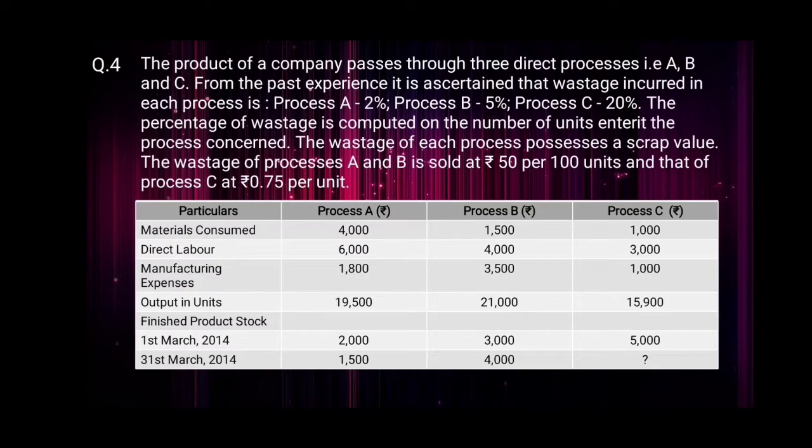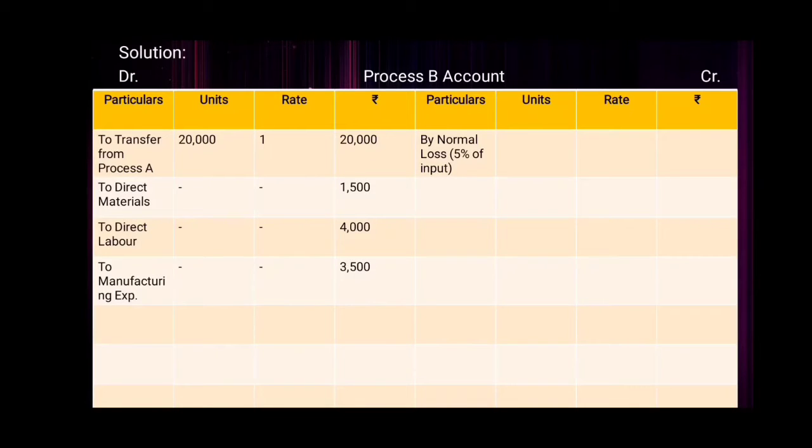Now we'll record normal loss amount, that is for process B it is given as 5%. So 5% of input and the scrap value is given as 50 paise per 100 units. So by normal loss, 5% of input, that is 20,000, the amount will be 1,000 units at the rate of 0.50.